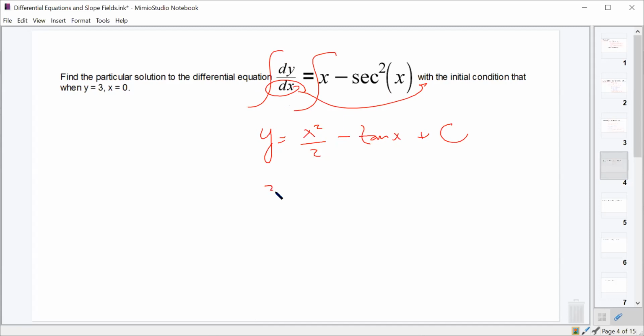And when y is 3, x needs to be 0, which tells us that the constant is 3. Wonderful. And so our final answer is y equals x squared over 2 minus tangent x plus 3.